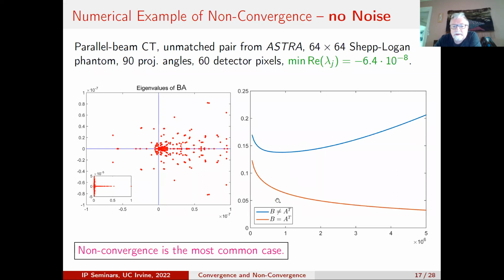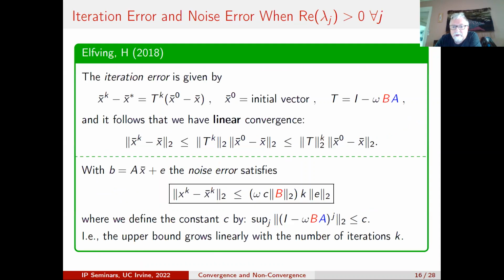But if we plug in the B matrix from Astra, satisfying that B times A has these tiny complex eigenvalues over in the left plane, this is the convergence history that we obtain. In the beginning, everything is going well, but from a certain stage we have divergence, and this curve would just keep increasing, so the method does not converge. Okay, so we need to deal with that. But before that, let me just go back one slide here.